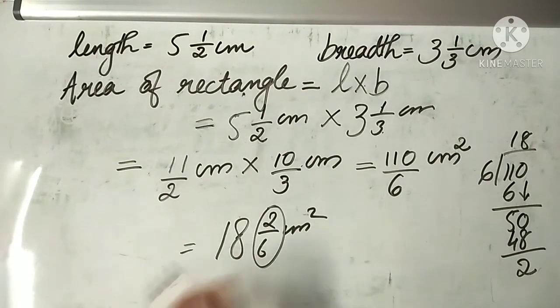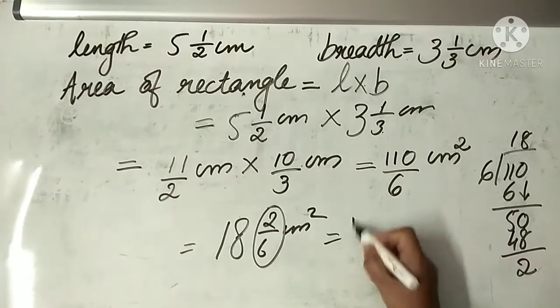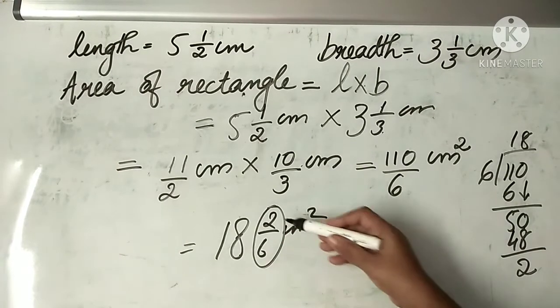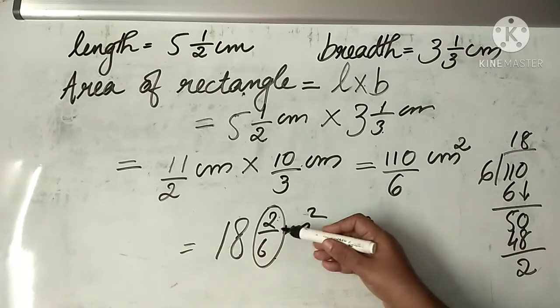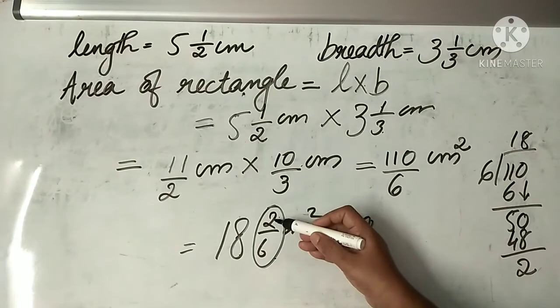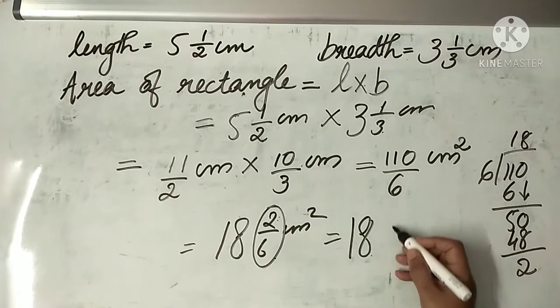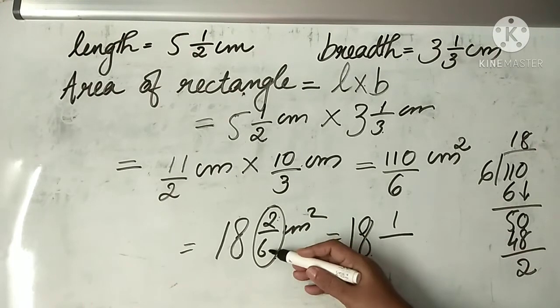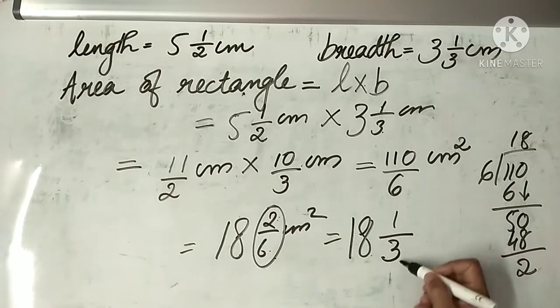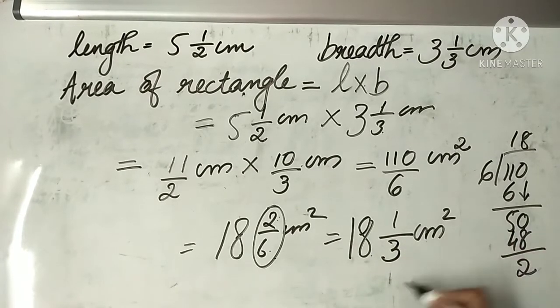In this 2/6, 2 is a common factor, so we cut down that common factor. The whole number 18 we can write as same. In both the numbers, 2 is a common factor. So 2 will go how many times in 2's table? 1 time. 1 by 6 will go 3 times. So answer is 18 1/3 centimeter square.